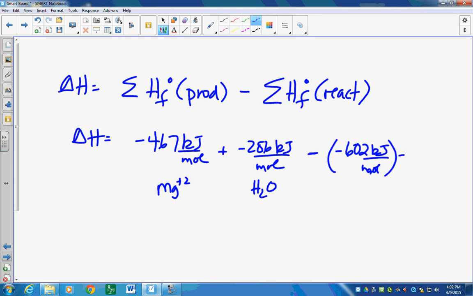And then we're going to subtract 2 times H plus, but H plus is the most stable state, so if you look at the table, that's 0. And so when you do negative 467 plus negative 286, minus a minus is a plus, plus 602, you get that delta H is negative 151 kilojoules per mole. That's actually a pretty easy problem.